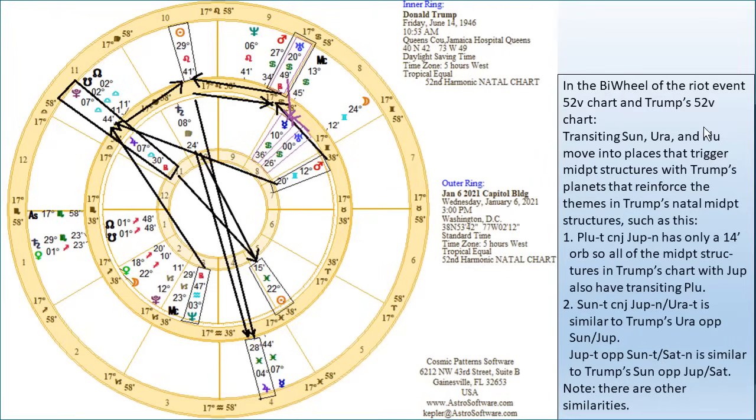All of this means same angles, means resonance. All this huge resonance in Trump's natal chart is getting magnified by increasing resonance, by transiting Sun, transiting Pluto, transiting Uranus, moving directly between the same planets. Sun, Jupiter, Uranus, Sun, Jupiter, Saturn. This is what's happening. And this is what caused the break-in, the storming of the White House.